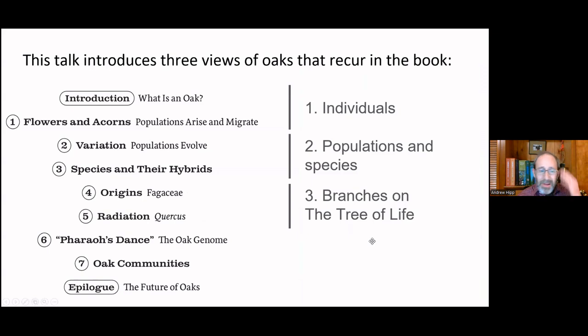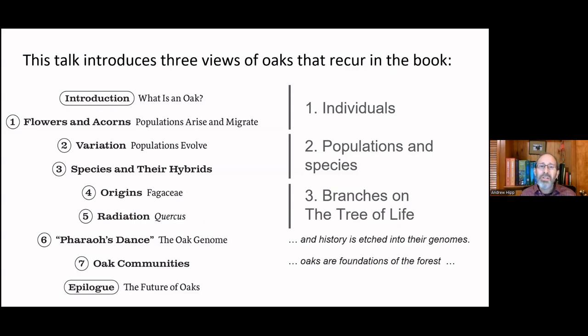What we won't be talking about as much is oaks as the foundations of the forest. The 7th chapter of the book is about oaks and their interactions with fungi, with insects, with birds. We'll get to some of that in the very beginning of the talk, but there's a lot more in the 7th chapter. And oaks as genomic entities. There's a wonderful body of genomic research. A lot of my work is in that area. We're not going to be focused on that in the talk just for lack of time. It's super exciting stuff.